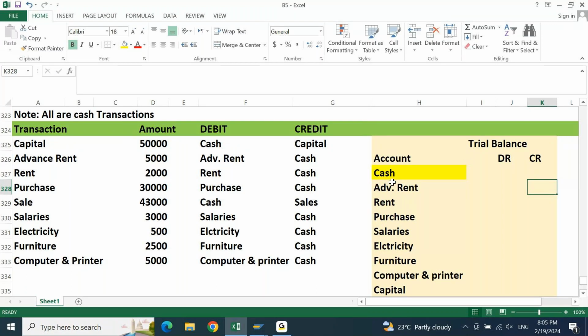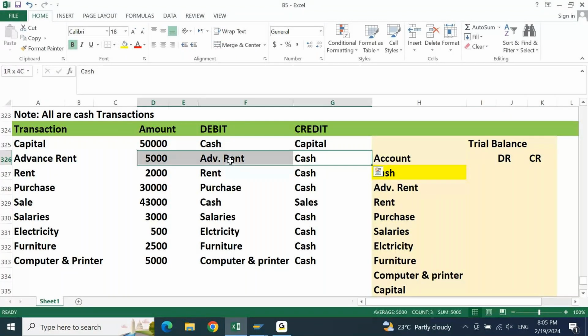Remaining ones, let me take. Now I have advance rent. Look at the advance rent. If this advance rent in the accounting entry is showing a debit balance, advance rent will show a debit balance in the TB also. If the account is showing a debit balance in the journal entry, it will show a debit balance in the trial balance also. Now this is the advance rent. For this transaction, value is 5,000.